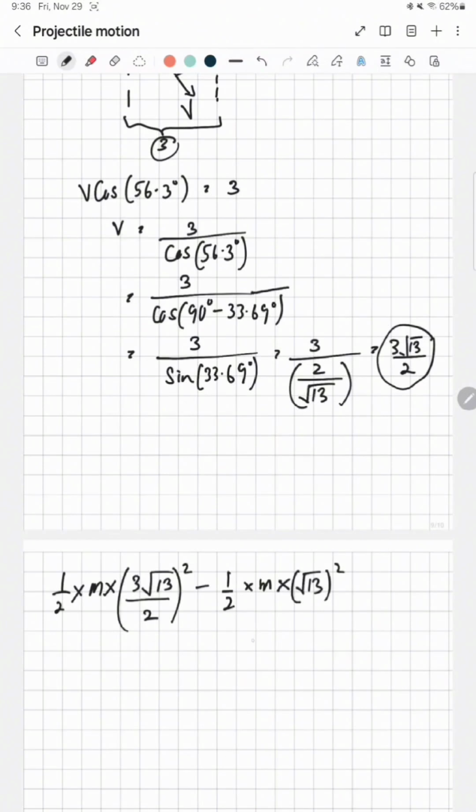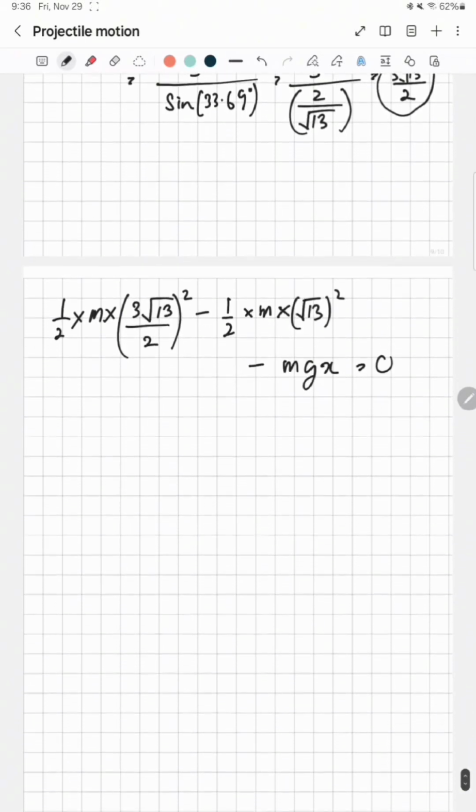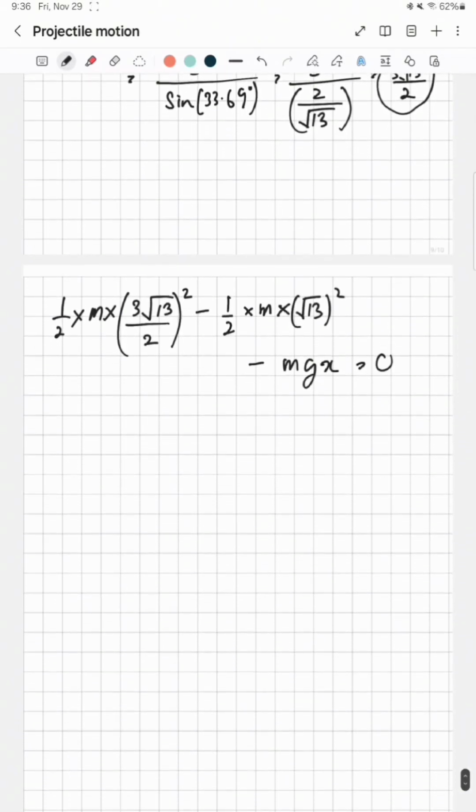And it's going down, so minus m g x. I'm going to take it as x equals 0. So we can cancel off m.